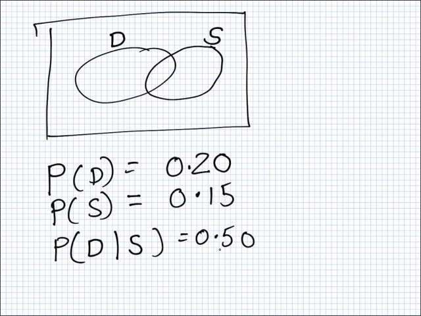So, at the hospital, what percent of people present with the disease? 20%. What percent of people present with symptoms? 15%. And then the last one is, among the people with the symptoms, how many of them actually have the disease? Half of them do.